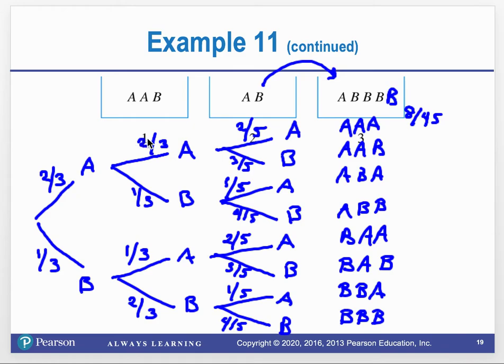And then if I multiply 2/3, 2/3, 3/5, that's 12 out of 45. And then this path is 2/3, 1/3, 1/5. Is that a 1? Yeah, that's a 1. So 2 out of 45. This one is 2/3, 1/3, 4/5, so 8 out of 45. 1/3, 1/3, 2/5, 2 out of 45. 1/3, 1/3, 3/5.